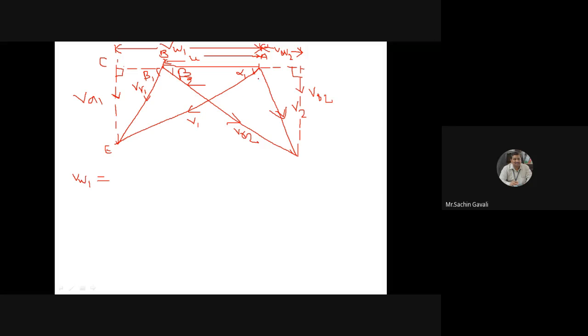In this right angle triangle, cos alpha 1 is equal to VW1 divided by V1, and therefore VW1 is equal to V1 cos alpha 1.